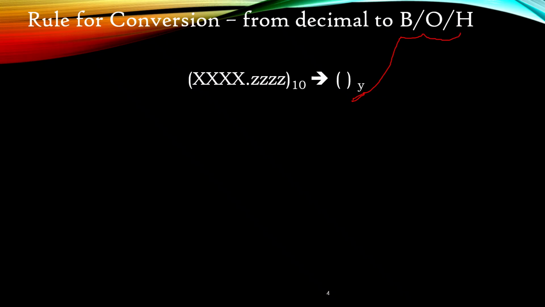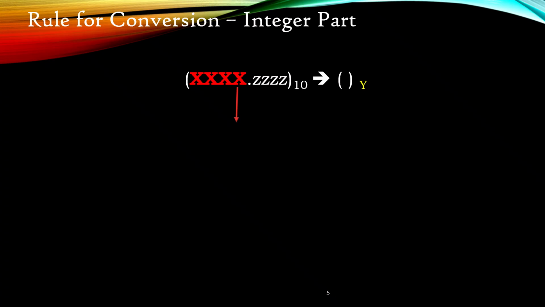The conversion of the integer part varies from that of the decimal part. First we are going to see the conversion for the integer part, so let us take the integer part separately.